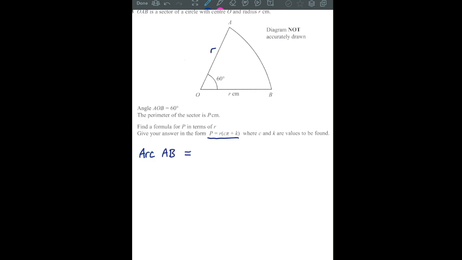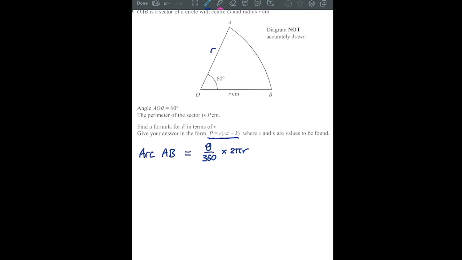So that arc AB, you need to remember the formula here. The formula for an arc is the angle divided by 360. That tells you the fraction of the whole thing, multiplied by the entire arc, which is the circumference, which is 2 pi r. Notice earlier in the paper we used the formula pi d because we had d. Here we're going to use the formula 2 pi r, which is the same formula because I have r.